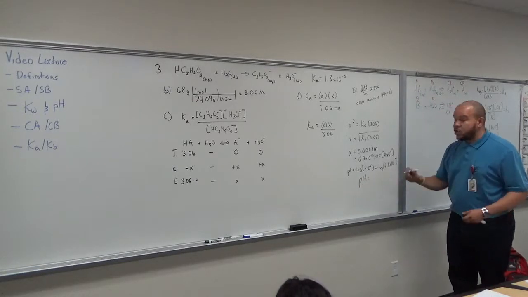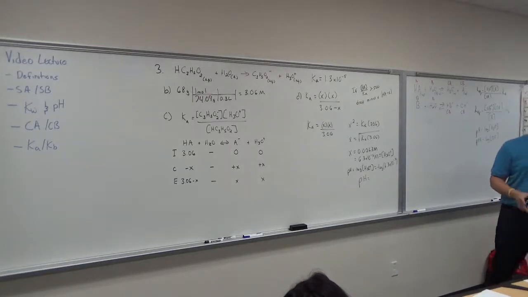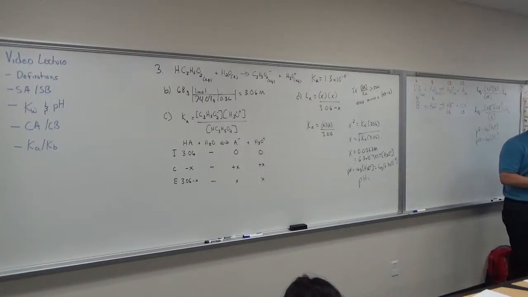and now we see what our pH should be. Now, should it be greater or less than 7? It should be less than 7. That is how we can double check whether we've done some math right or wrong.